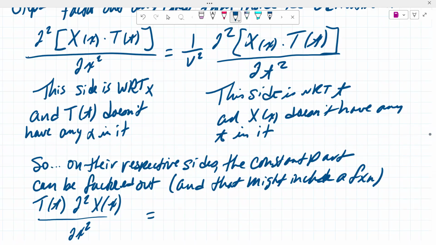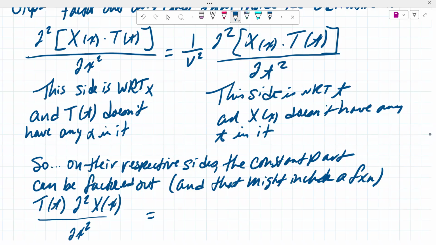But now look, we have this T of t and dt squared, right? So the t is the variable on this side. So that means that the X of x is not needed to be integrated, right? So this can come outside. So we'll factor that one out. And X of x times 1 over v squared would just be X of x over v squared, right?